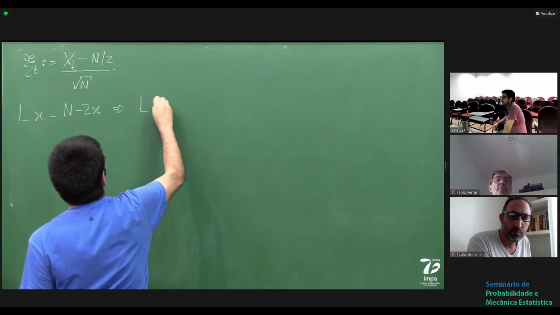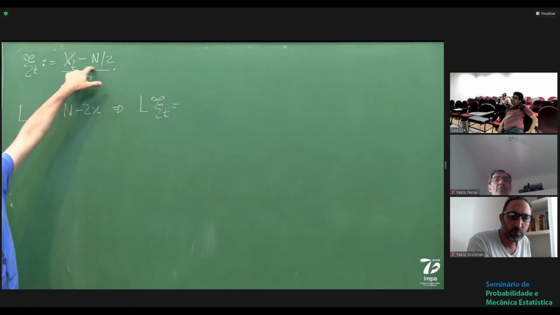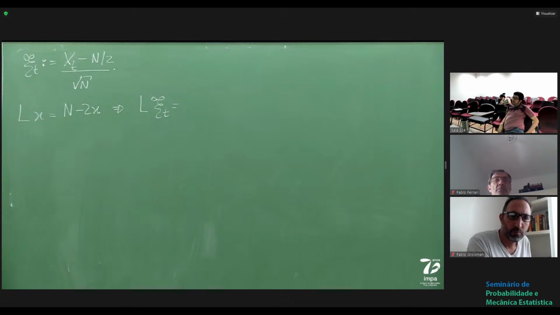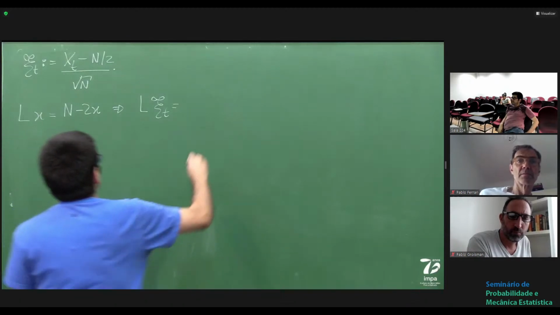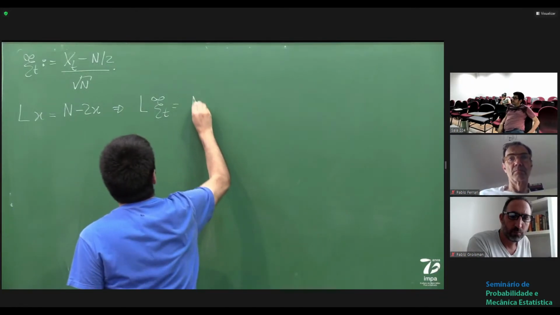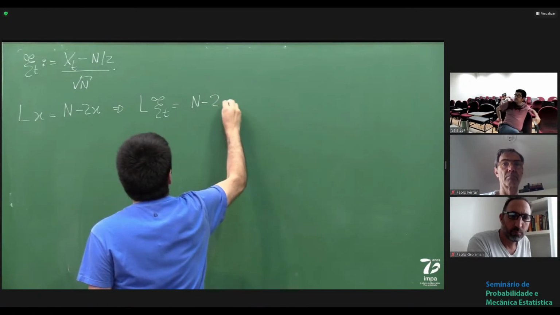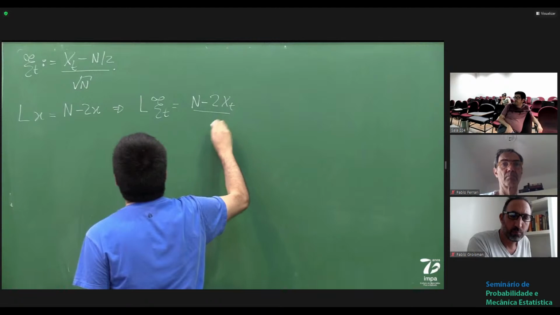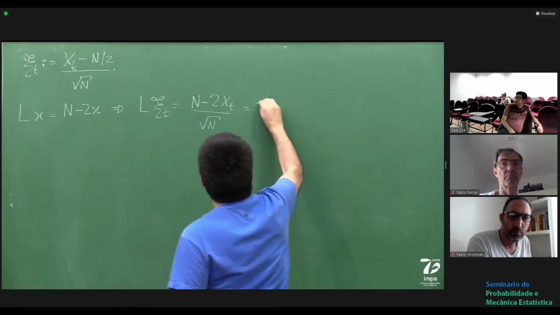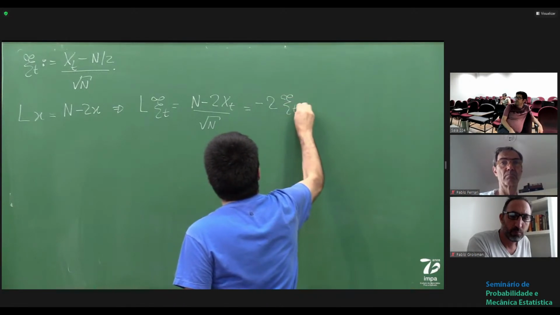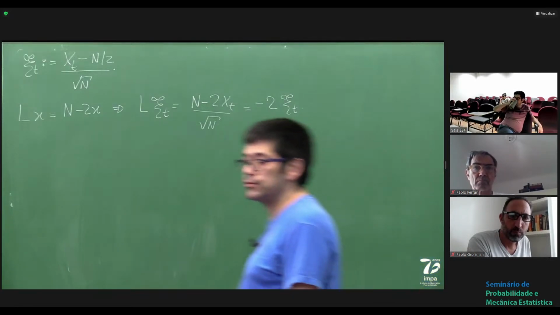If you look at L of psi t, where psi t is x minus a constant divided by square root of n, because of the difference, the constant doesn't really play a role. So what you get is n minus 2Xt divided by square root of n, which is actually minus 2 psi t. This is what happens when you apply the generator to this function psi t.